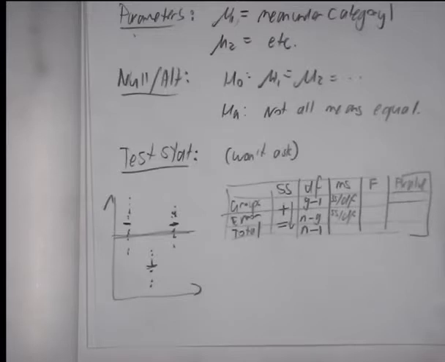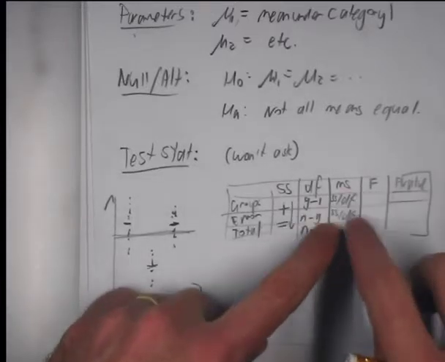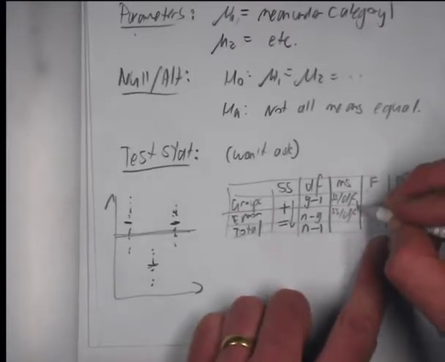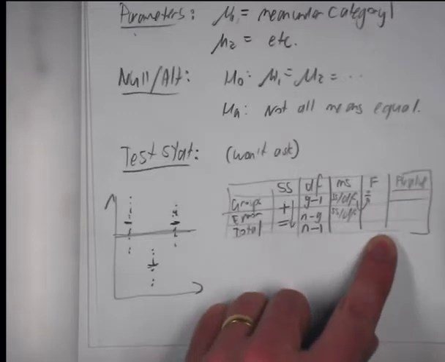Because if the error is much, much bigger than the difference in the groups, so if this difference between groups is bigger than the error, you'll get a really big F value when you divide them. And so you'll get a big F value which will correspond to a low p-value, which will mean you reject and say that they're different. So yes, it is. I've got it round the right way. I'm fairly sure. Just check that. Yep, I have. So F is these two. You divide them to get the F.